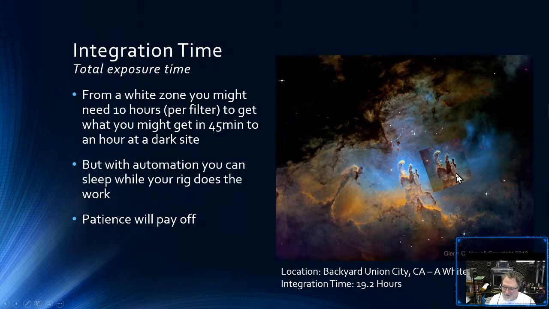If you blow this up, of course, the Hubble is much more detailed because the Hubble doesn't have to deal with the seeing in the atmosphere, which we'll talk a lot about tonight. So it's crystal sharp, and also, it's got a 2.4 meter mirror, and I've got a 12-inch mirror. So anyway, I can't operate the Hubble from my office, but I can operate my rig.